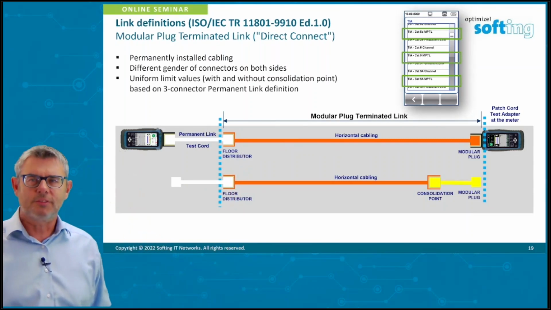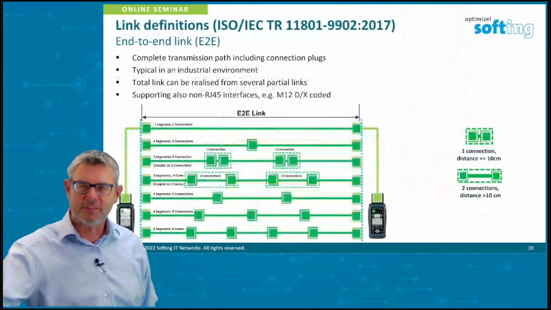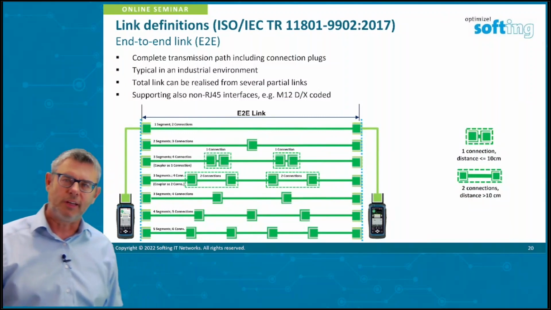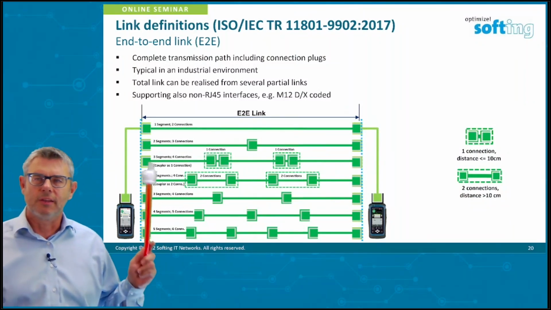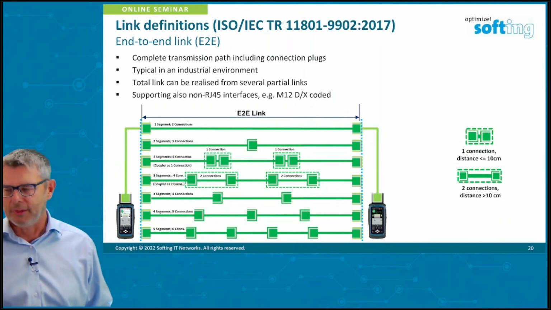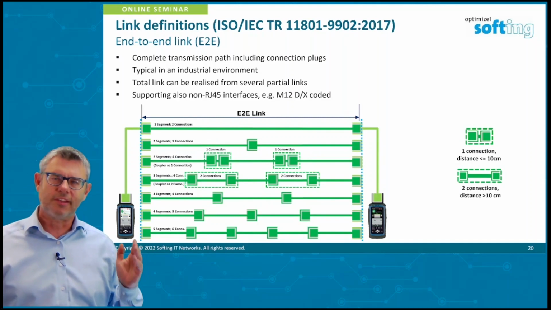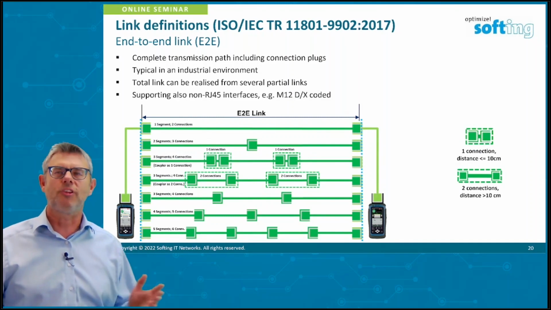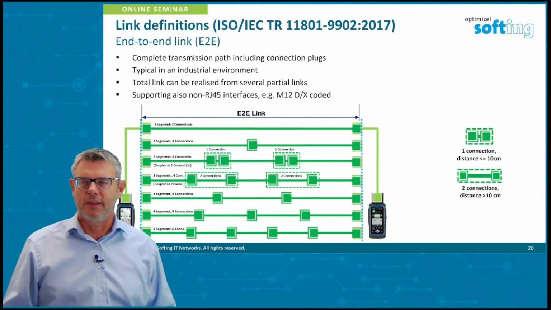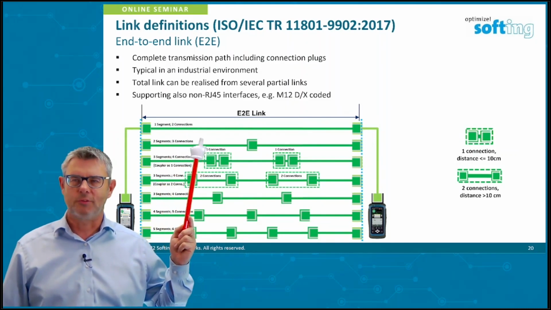Okay, let's have a look across the wall, let's say above the wall, to some other environment where now cabling is used. And this definition of a cable link is coming from the industry typically, and it's called end-to-end link. So typically this cabling is used to connect machinery in production areas. And they don't work anymore with data outlets, with jacks, and with patch cords.